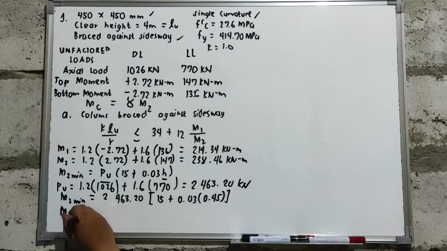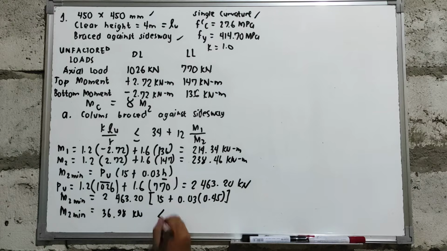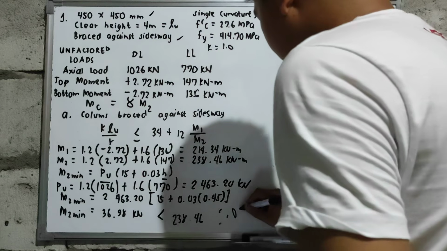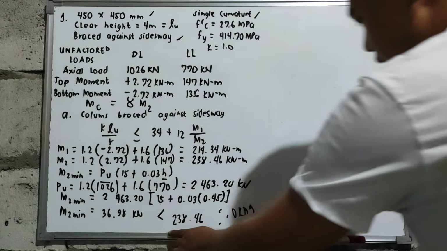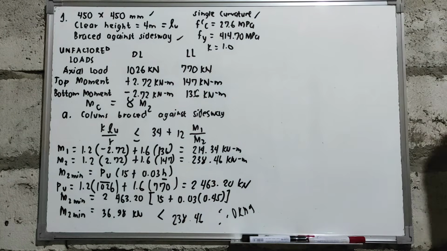So you have a value of M sub 2 minimum equal to 36.98 kilonewton-meter, which is less than our M sub 2. So what is our M sub 2 here? It is 238.46, so this is what we will adopt. Therefore, okay, because the minimum is only a lower limit: the M sub 2 should not be lower than 36.98.